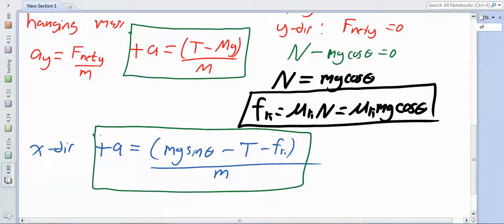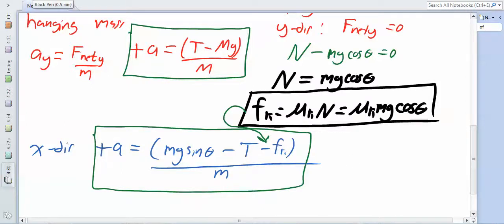And I'll put that in a green box. Okay, so we have to combine all 3 of these equations together to solve this problem. So we're interested in the tension, so we want to eliminate the acceleration, but we're going to use the equation for the friction that we found from the y direction. So this takes a little bit of effort to solve all this. So we just have to take our time.